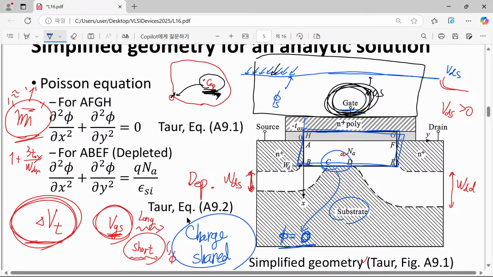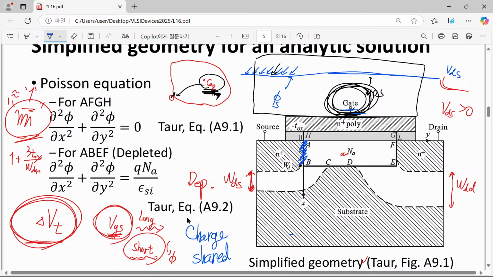So the deep substrate potential is regarded as the reference potential. It means that up to here, potential is just flat, and only in this depletion region do we have a rapid increase of potential toward the surface potential or other value. That is our assumption.